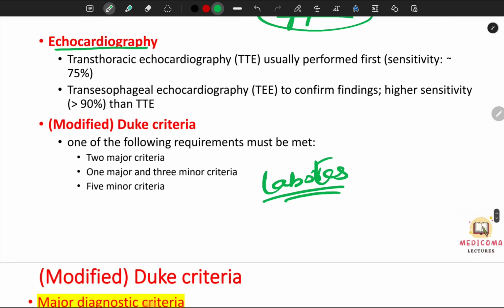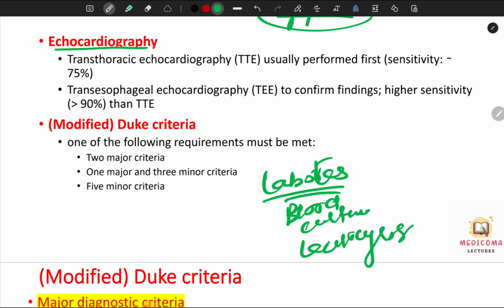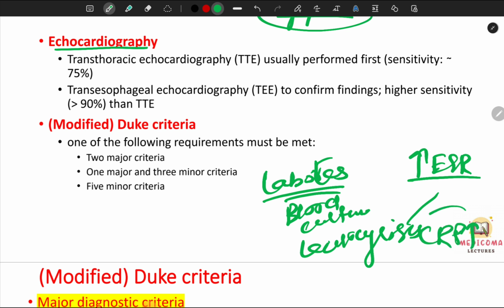First of all, blood culture, as we know it is an infection. Blood cultures may be negative, as with Coxiella and Bartonella. And we will see leukocytosis, with increased ESR and high CRP.